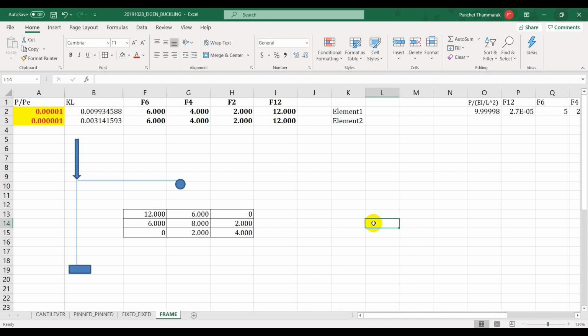It does not just give you, like, you have 2 columns and then you have just one buckling load. It's not going like that, because you have the freedom to apply the load on the 2 columns differently.